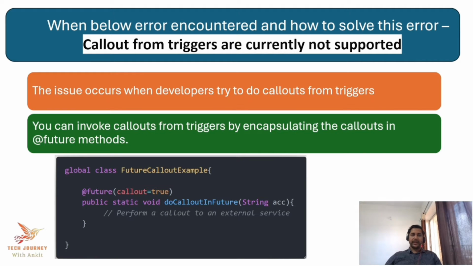So from your trigger, if you have to make a callout to an external service, you have to use asynchronous Apex where you put @future. And the key part here is to make the callout, you have to use callout=true. If you do not put callout=true, you cannot make callouts from the future method. In this block, you can write this code. This method can definitely be invoked from the triggers.